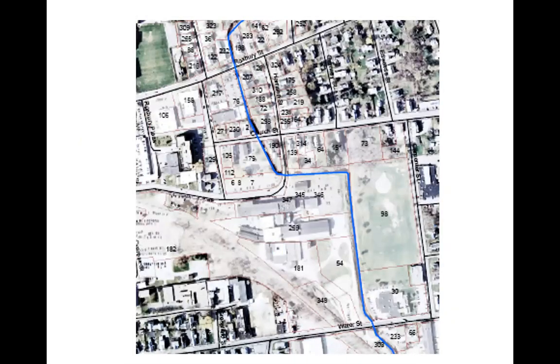To get this information, as I mentioned, we had to go up and down the stream. But the streams were bordered by private property, and we made a decision that we weren't going to contact all the property owners, that we were just going to walk the stream since it's waters of the United States.